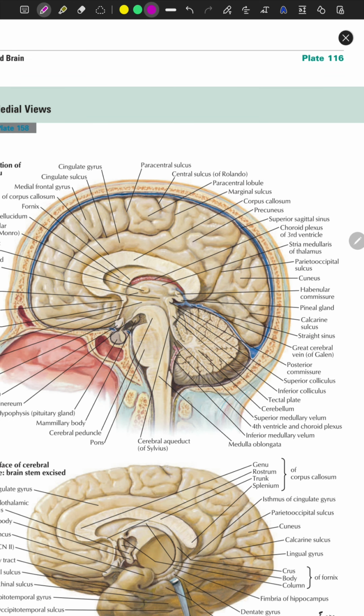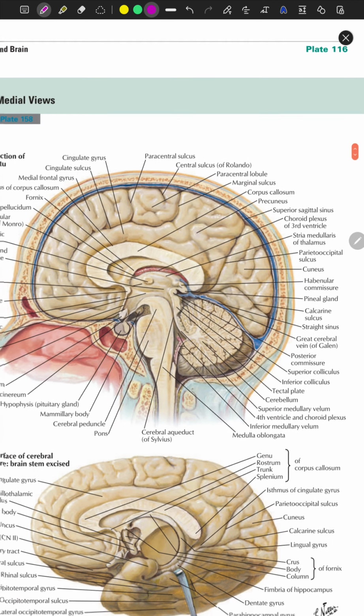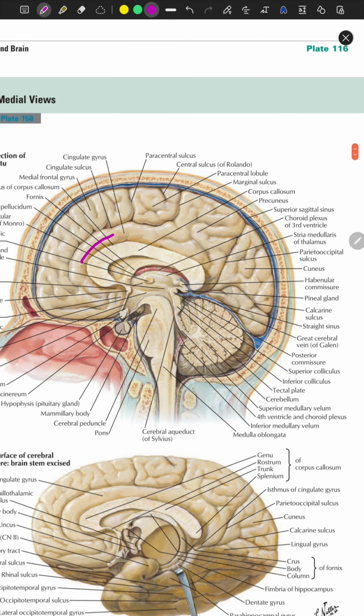When we are taking the medial view of the brain, there is something called a cingulate gyrus. Above the corpus callosum, you can see the cingulate gyrus. The cingulate gyrus is concerned with the brain's limbic system.